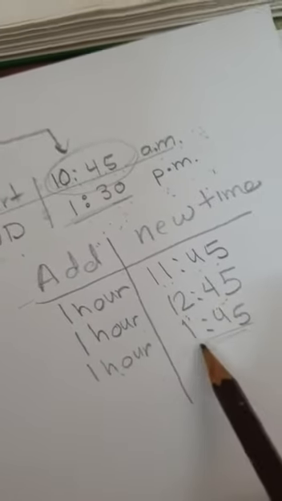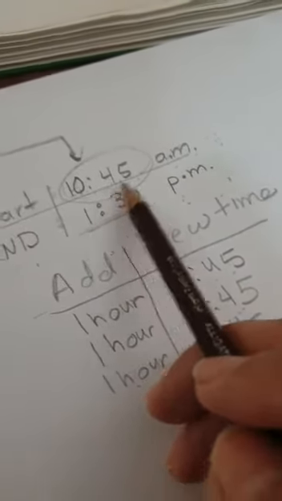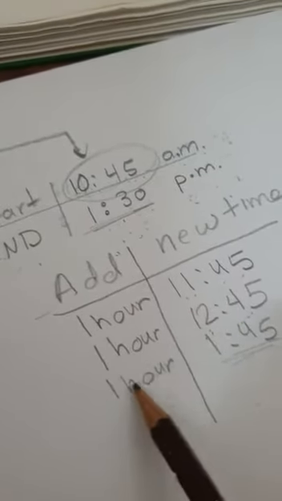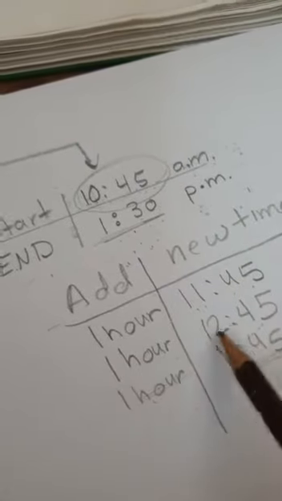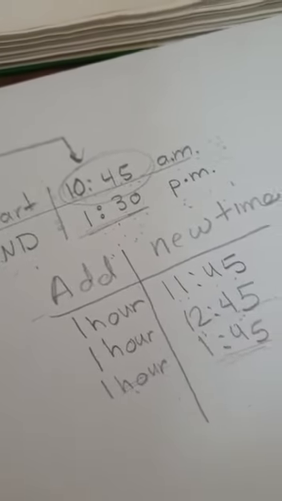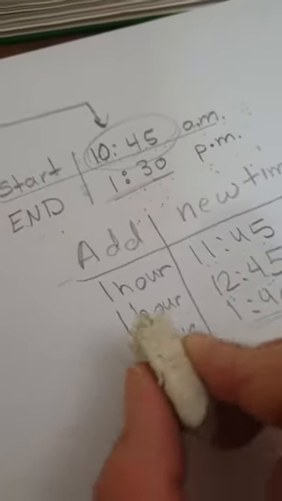What is the end time here? 1:30. So if I add an hour, I will pass 1:30. I will go after 1:30, so I cannot add 1 here. I will stop. After 12:45, we will stop. We will not add any more hours, so I will erase.